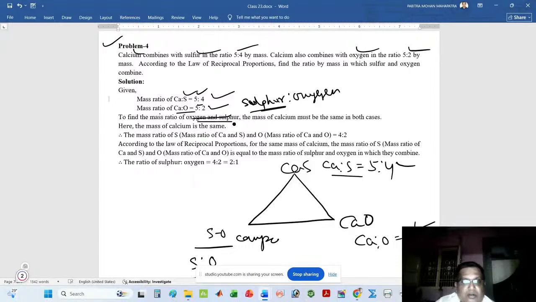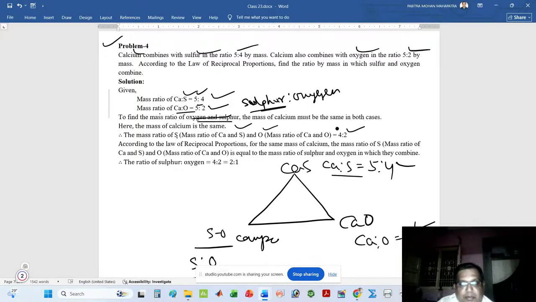So to find the mass ratio of sulfur and oxygen, the mass of calcium must be the same in both cases. Here the mass of calcium is the same. So therefore, we can write the mass ratio of sulfur that comes from the mass ratio of calcium and sulfur, and oxygen that comes from the mass ratio of calcium and oxygen, that must be 4:2.